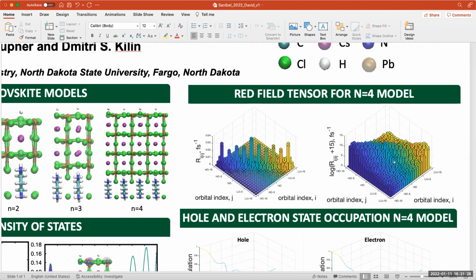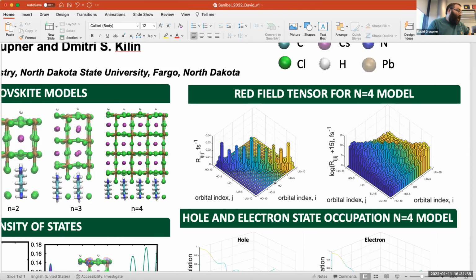For the red field tensor, correct me if I'm wrong. Why do I not see the LUMO? I only see HOMO on both sides. Because I did not label the LUMO. I labeled the HOMO, and the LUMO is the one next to it. So right here would be LUMO.